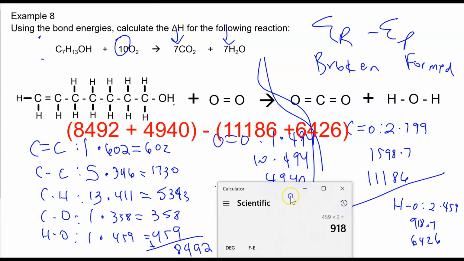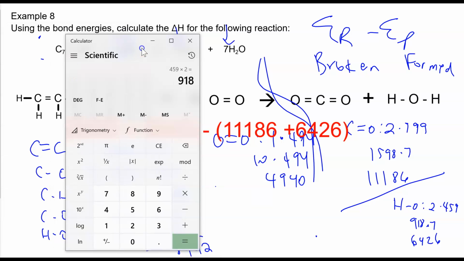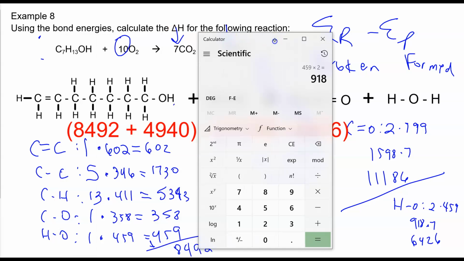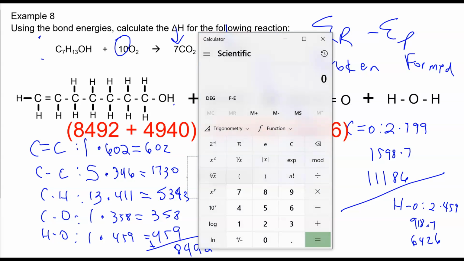We're going to take 8492 plus 4940, and that's going to be 13432. Let me bring up my calculator and make sure I have that written correctly.